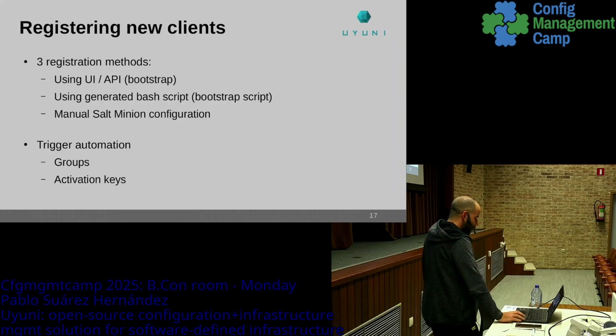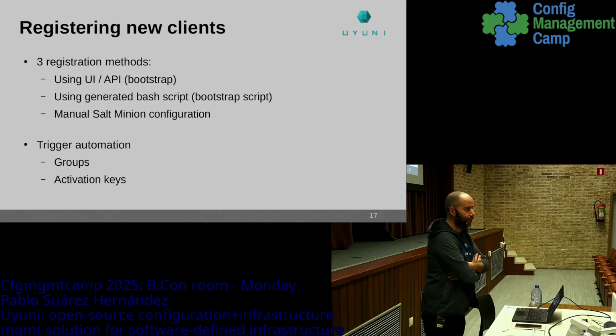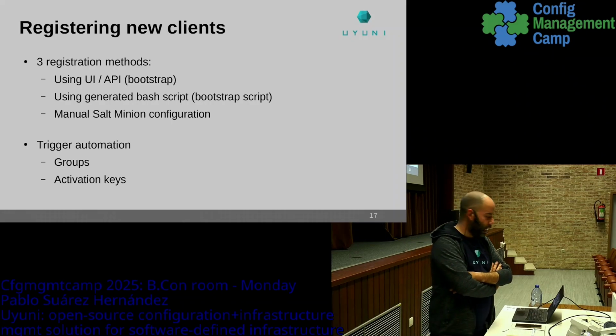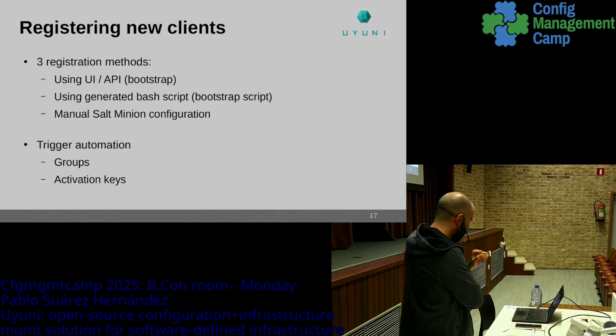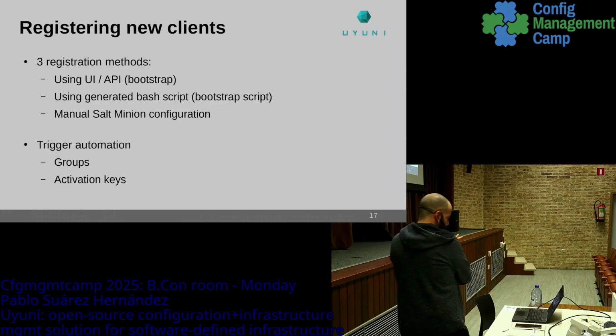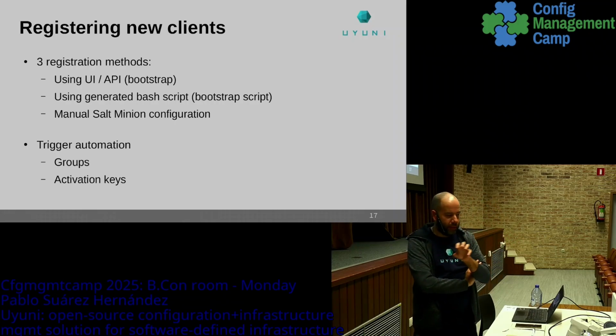One interesting thing is when you are triggering the registration of a system, you can provide an activation key. Activation keys you create on Uyuni, and you can define for that activation key that you want certain states to be applied.